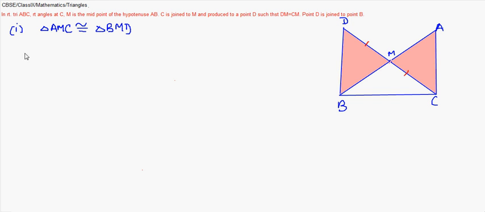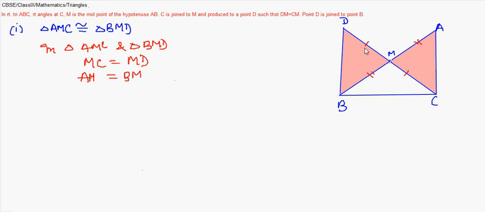So in triangle AMC and triangle BMD, I'll write MC is equal to MD. Because M is the midpoint of AB, these two will also be equal. So AM is equal to BM.